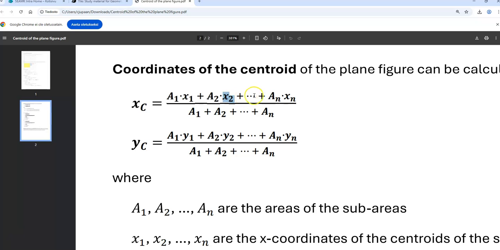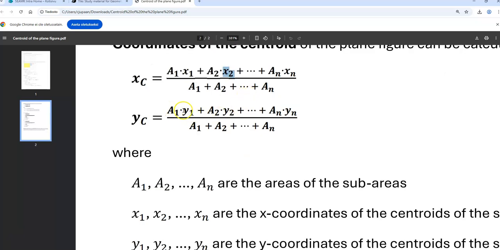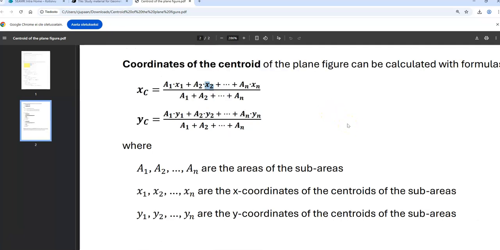And if we have that third one, there will be A3 times x3. And the same with the y coordinate, except that we don't use x's there, but y's. So this formula is very easy to remember, even though you don't have any formula books where it is told to you.